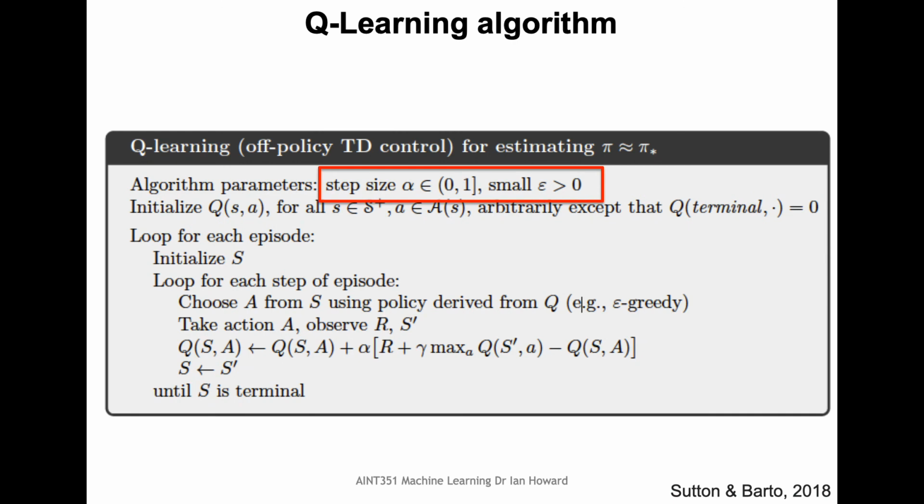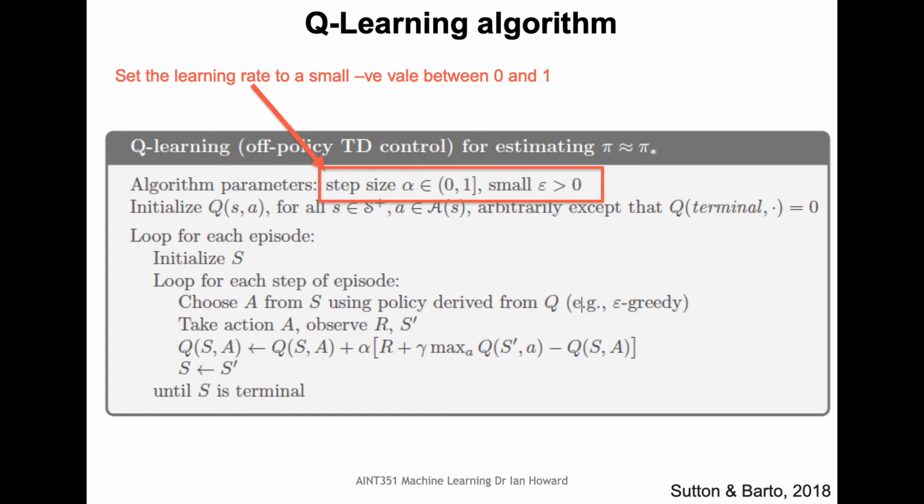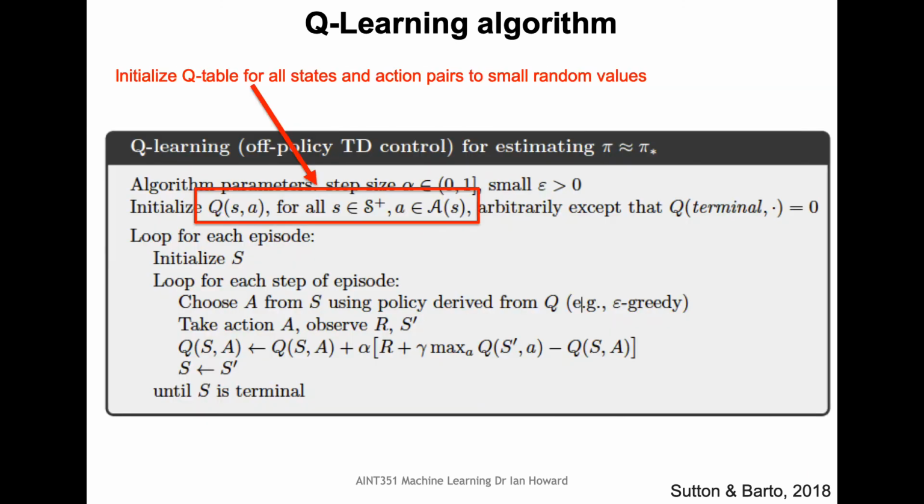First of all, we need to set our alpha, our learning rate. That's going to be something between 0 and 1. We need to initialize our Q table, so we've got our state action pairs.